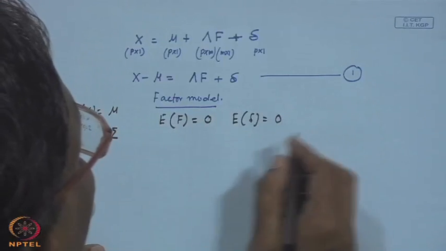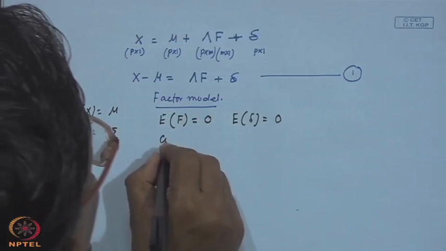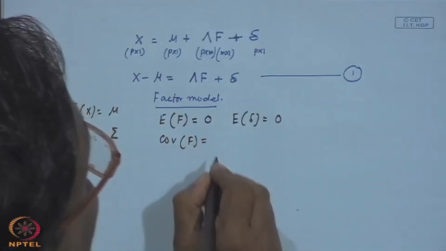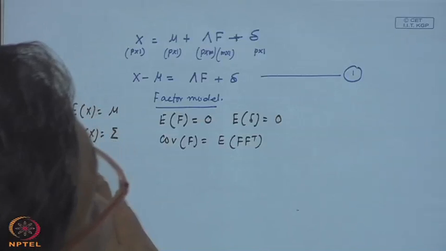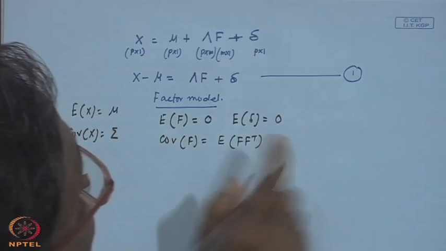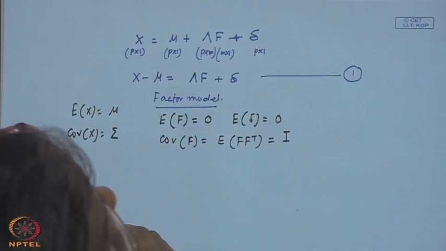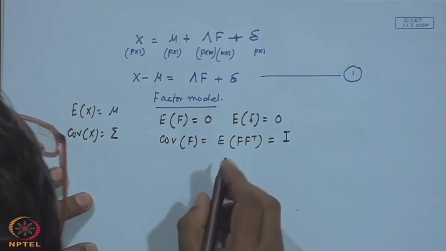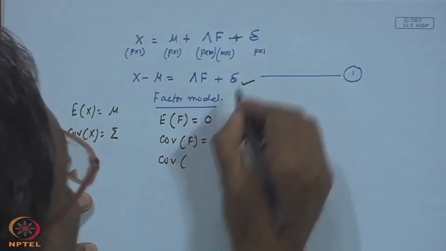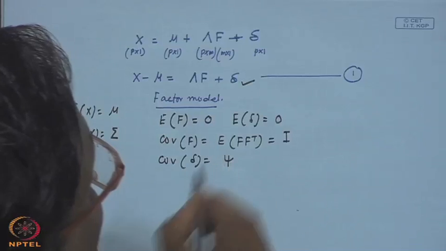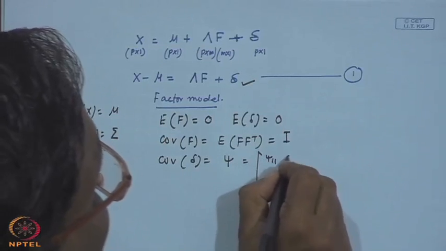Now, we want covariance of f to be expected value of f f transpose, because expected value of f is 0, and this will be I. And covariance of the other one, the delta, will be psi, which is a diagonal matrix.